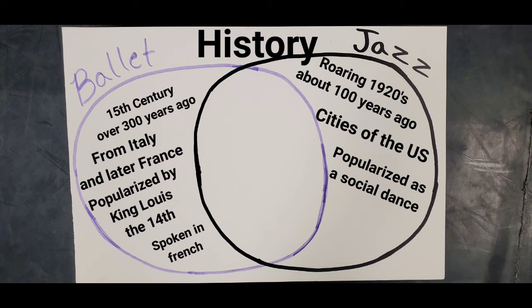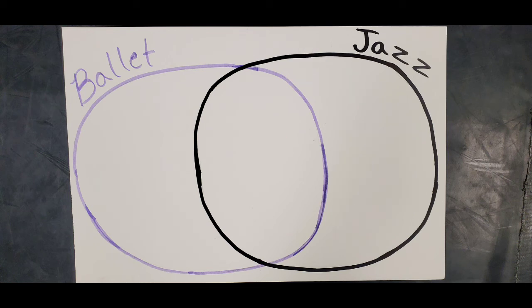Jazz is spoken in English since it's from the United States. Now, you can see that there is nothing in the center circle. That's because the origins or the beginnings of jazz and ballet are very, very different. There aren't any similarities.